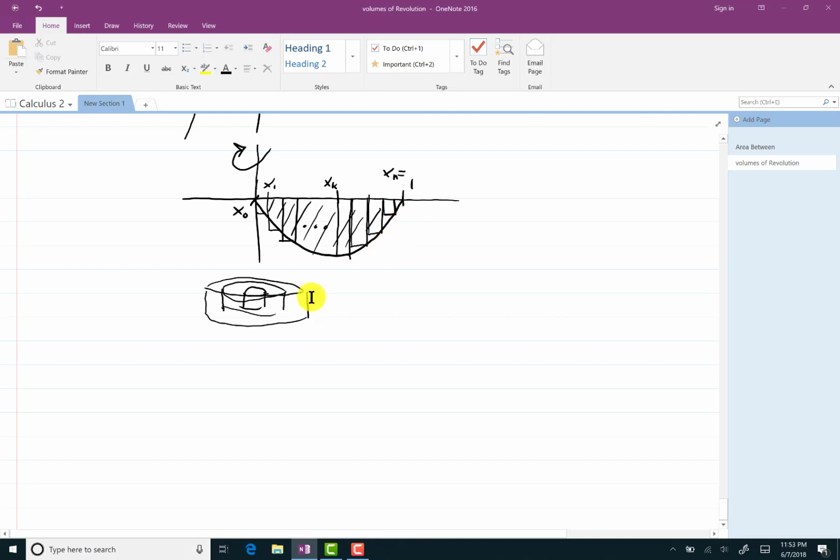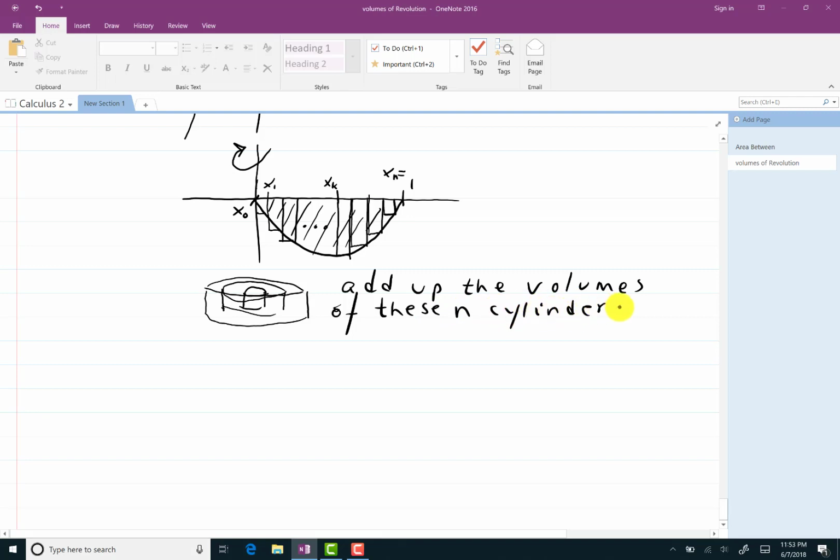Then the idea is we're going to take the volume of all these cylinders, add up the volume of these n cylinders, and then let n go to infinity.